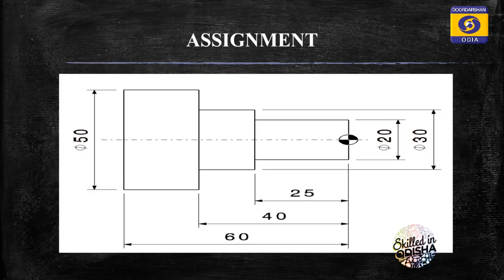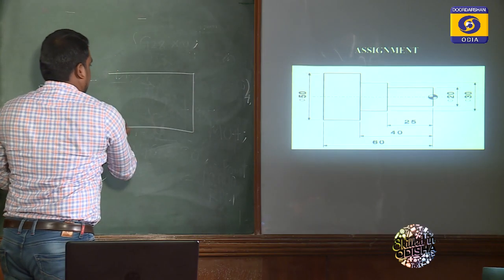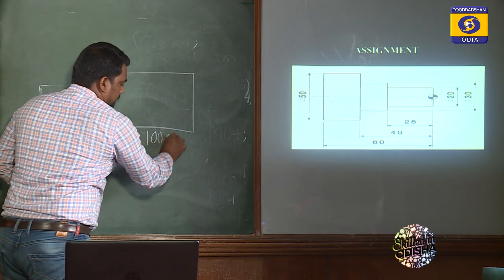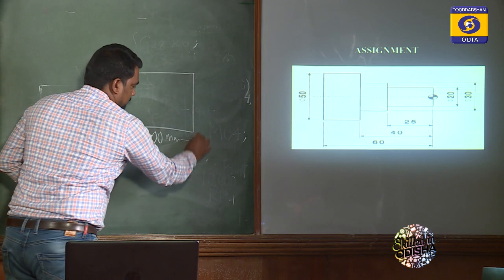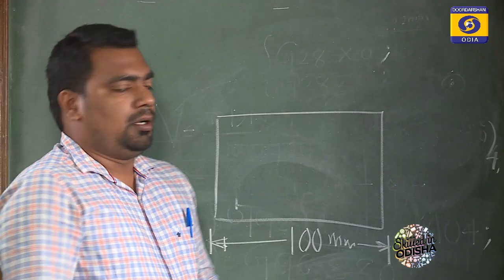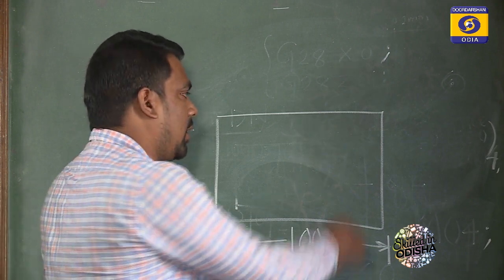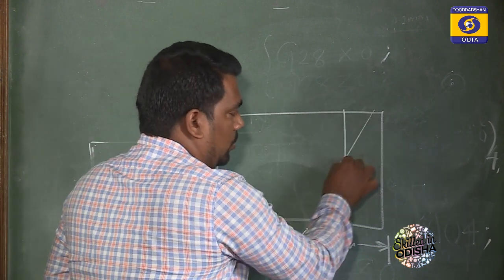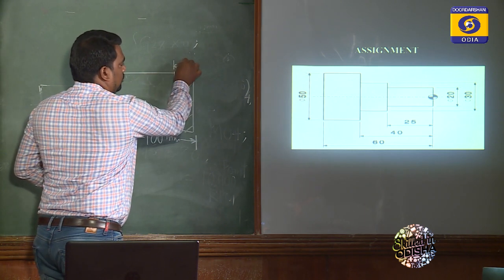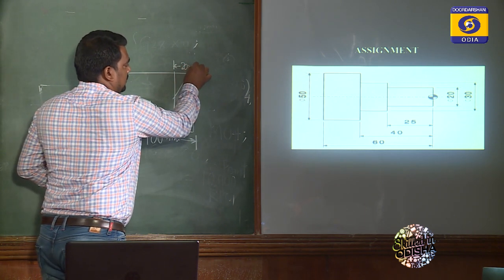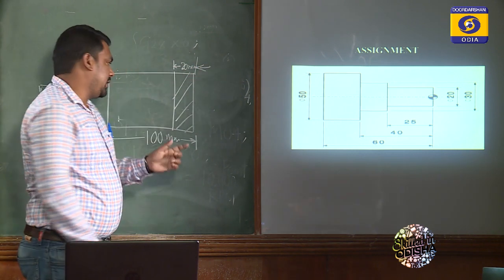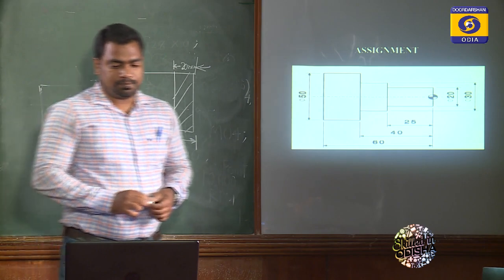Suppose we have a dimension of 100 mm length, and we have to face it up to 20 mm length. That means we have to maintain a dimension of 80 mm.